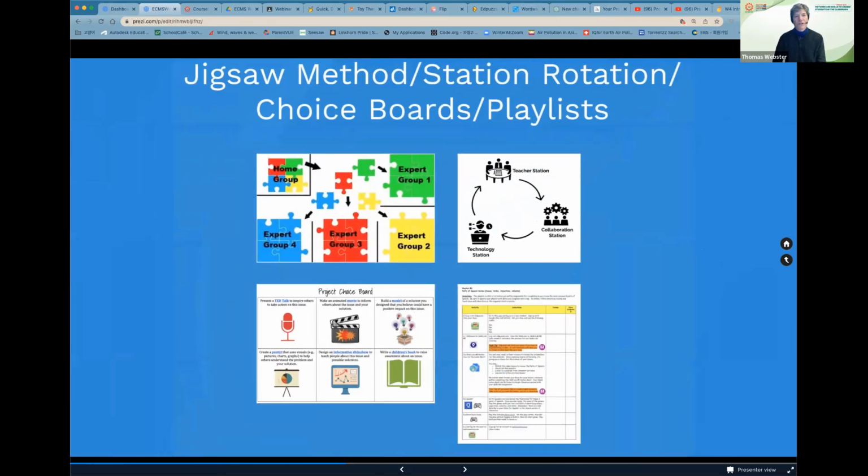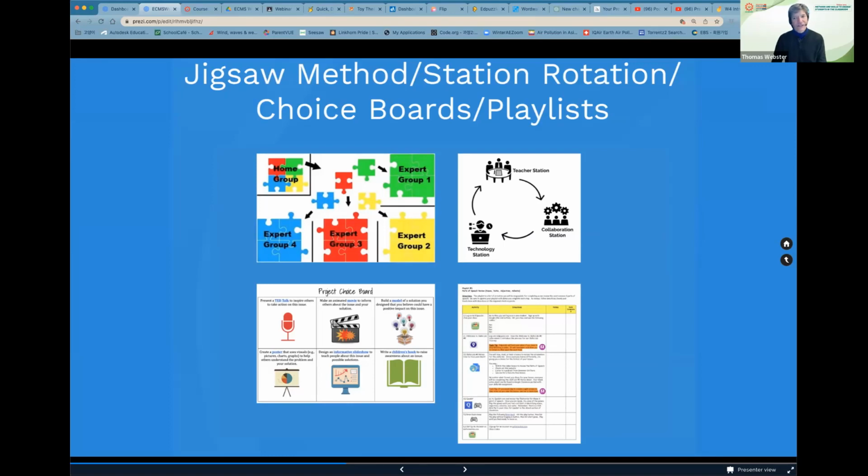Those methods were the jigsaw method, the station rotation, choice boards, and playlists. These are 4 possibilities for how to organize your activities in the classroom and out, which allows the students to have more autonomy, more engagement with each other, and more interactive creativeness.